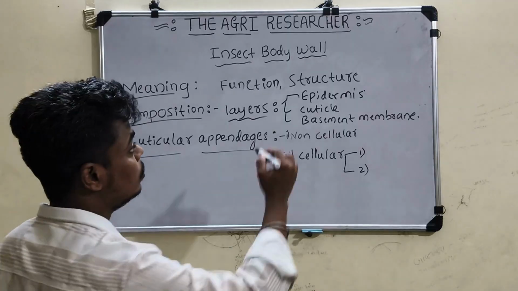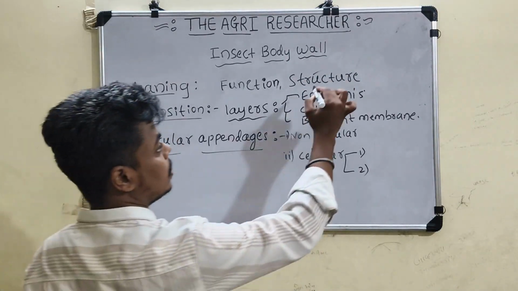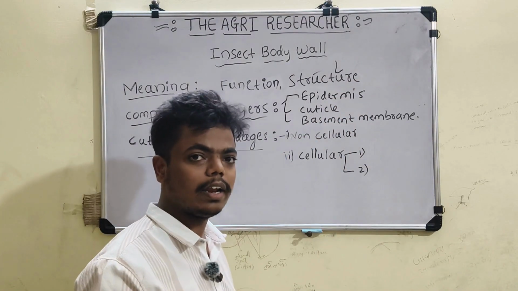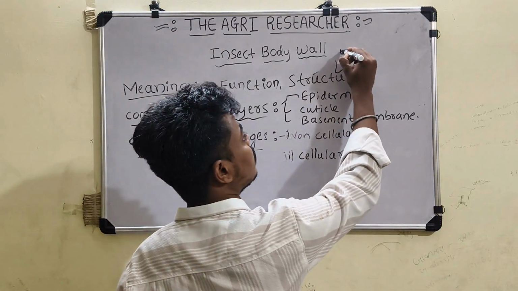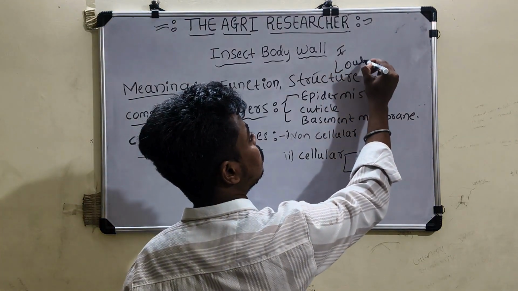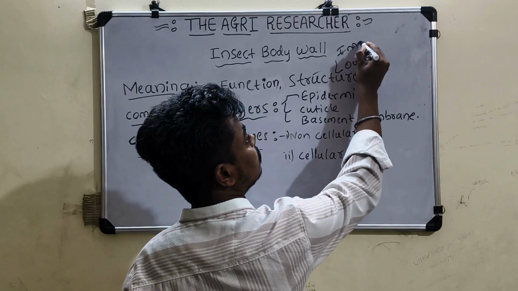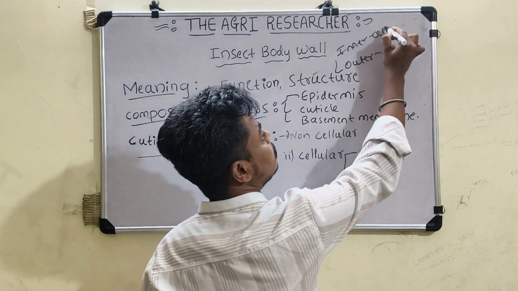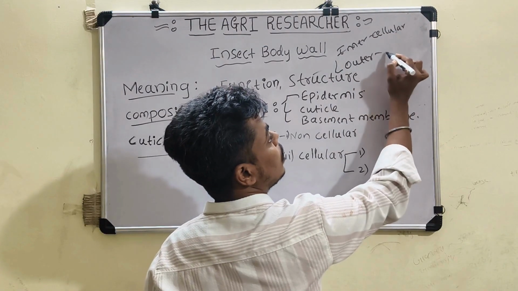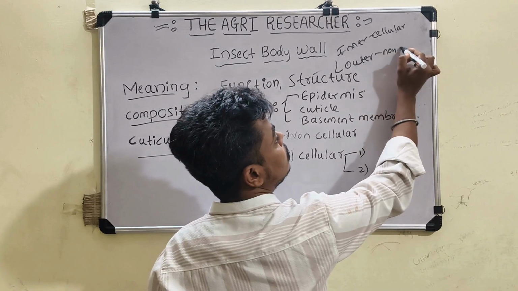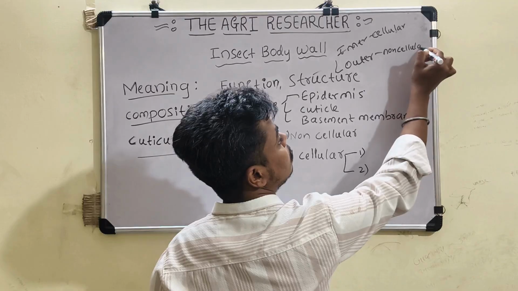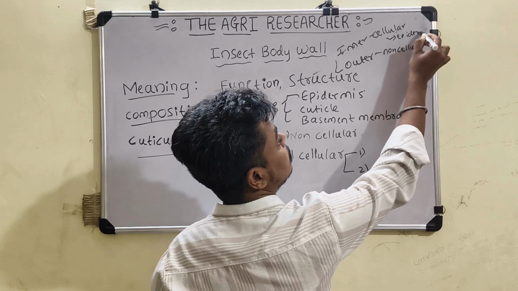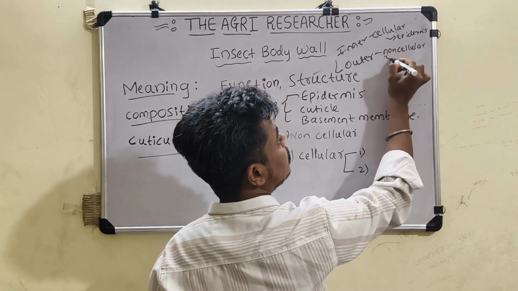Next, we discuss the structure. It consists of two layers: inner layer and outer layer. The inner layer is a cellular layer, also called the epidermis. The outer layer is a non-cellular layer, called the cuticle.